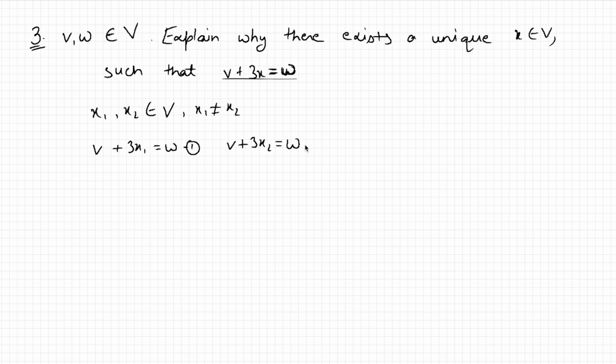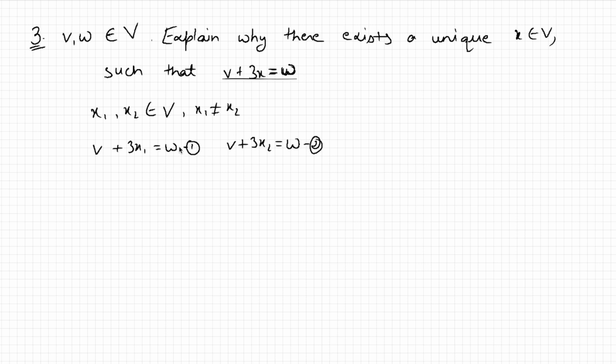Let's say these are equations 1 and 2. We have to disprove that x1 and x2 are not unique, and show they are the same, and same means it is unique.